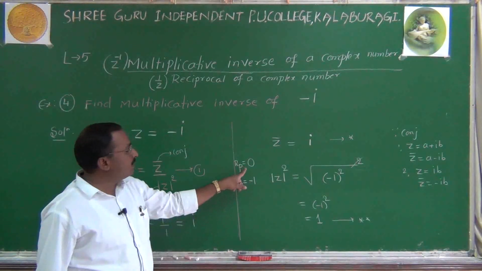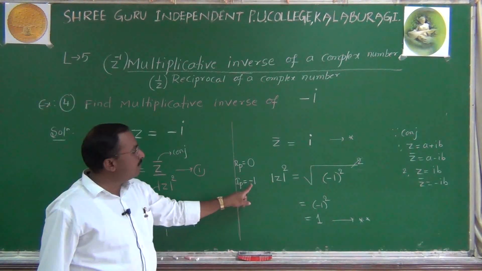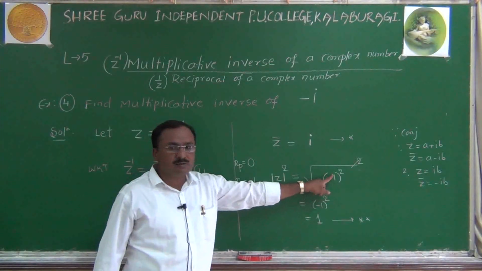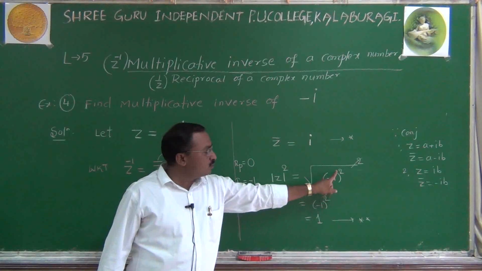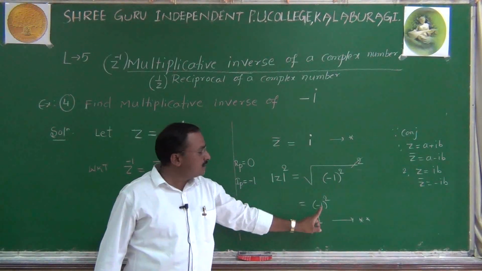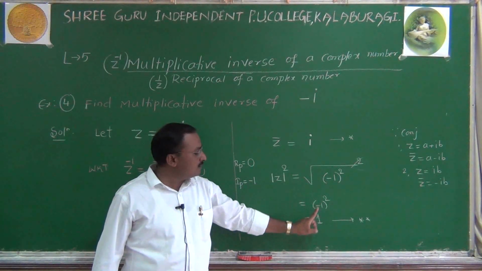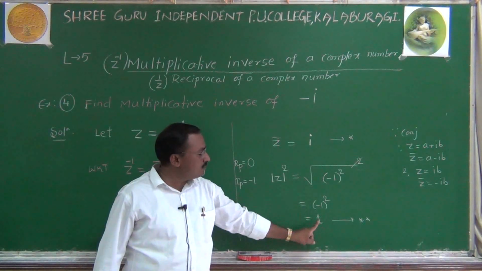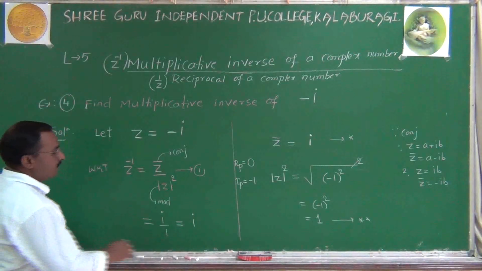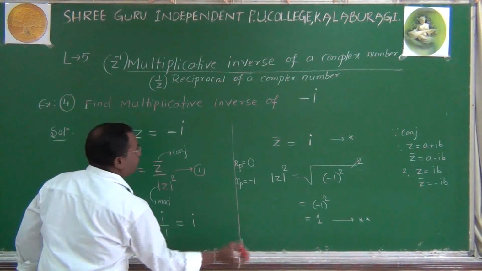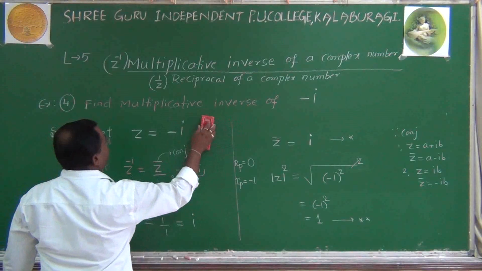Clear? Square and root get cancelled. Negative square is always positive. Understood? 1 square is 1; 1 to the power of any number is always 1. That is what it is. That is purely imaginary.